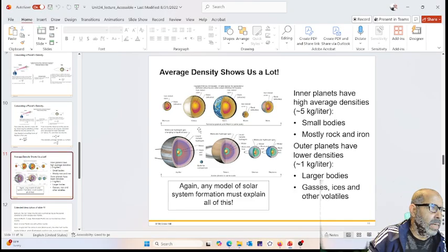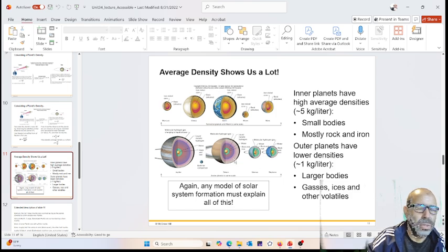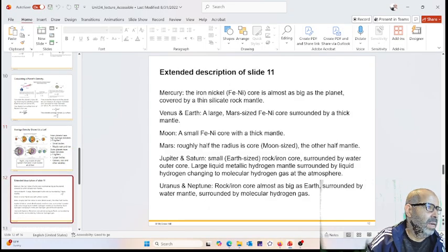So that's basically the value of this. Again, all of these are models. Nobody really has hardcore data to support the structures, but there is evidence for these models. Mercury is mainly a core of iron and nickel.